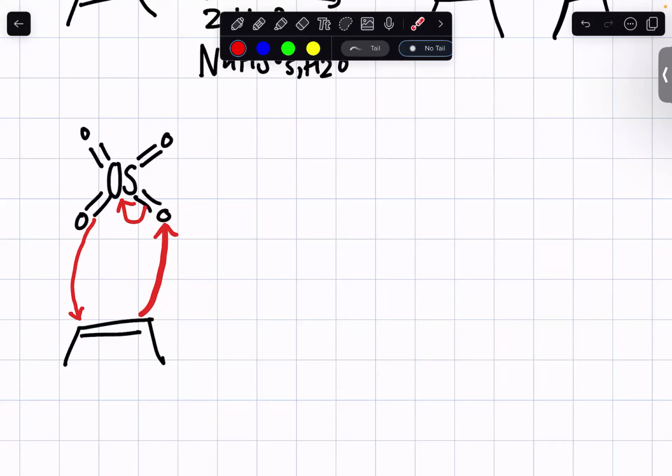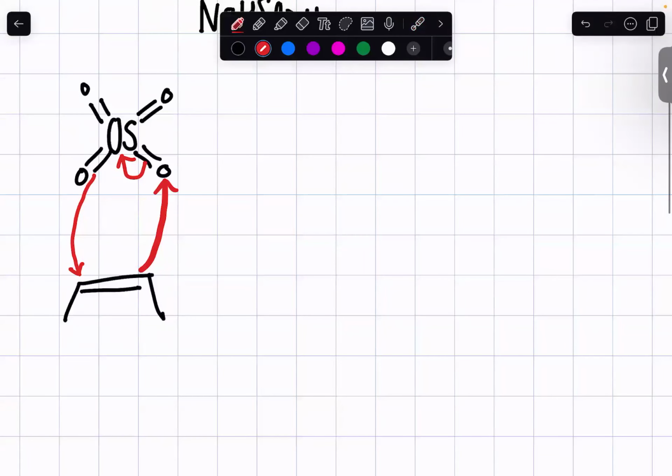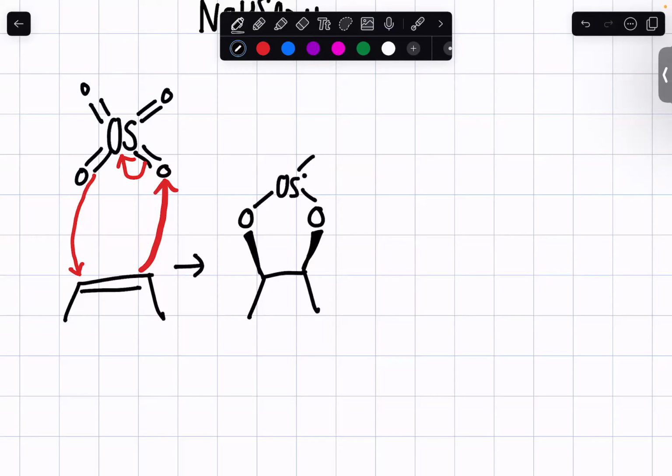If they are both dashes, then both have to be dashes. So let's say they attach on the front side. Both of them would have to be wedges like that. Then we have oxygens here with the osmium there with its double bonded oxygens here.